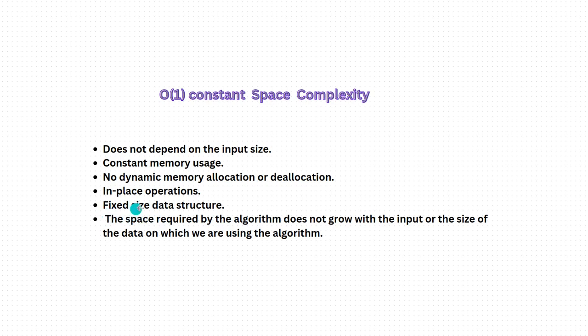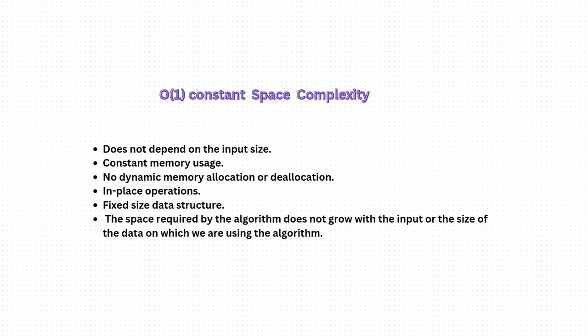The next one here is in-place operation. This means that the algorithm performs operations directly on the input data without requiring additional memory. This is like changing the value in place. For example, an array using an index to replace the value in the array.